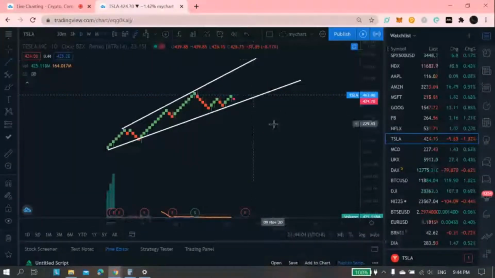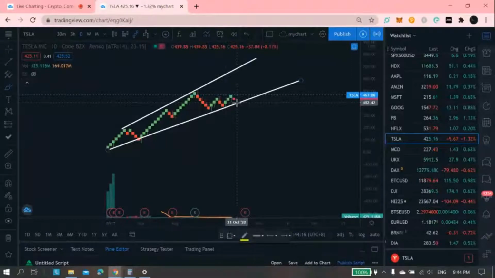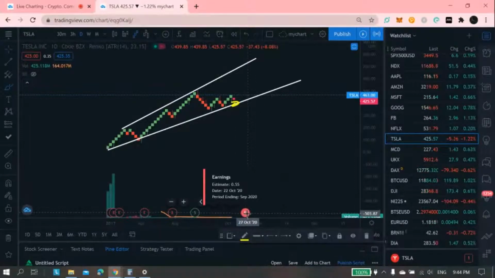So for Tesla, it's actually projecting a possible bearish Renko chart that could possibly retest this area. So this strong support is around 388. Possible catalyst is of course the earnings, which are due 2 days from now on October 22.